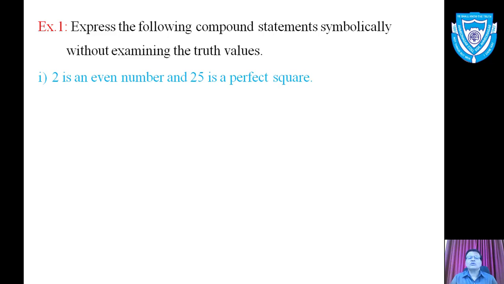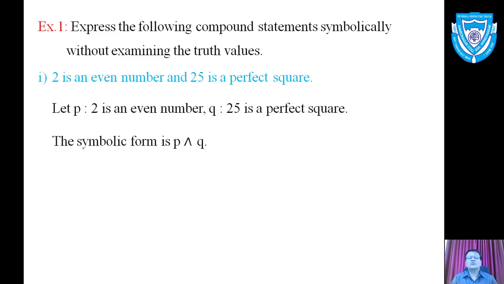We have to use symbol for AND. We have to use one letter for each simple statement. First simple statement is 2 is even number. See how to write our answer. Let P denote 2 is an even number and Q denote 25 is a perfect square. The symbolic form of the given statement is P and Q. That's all.